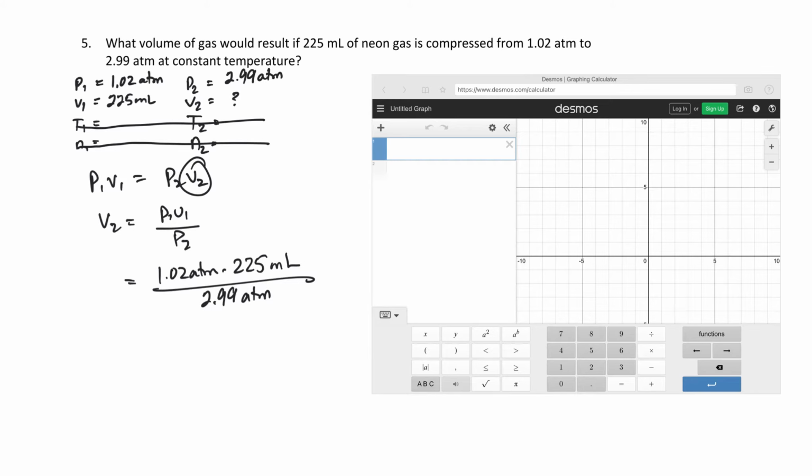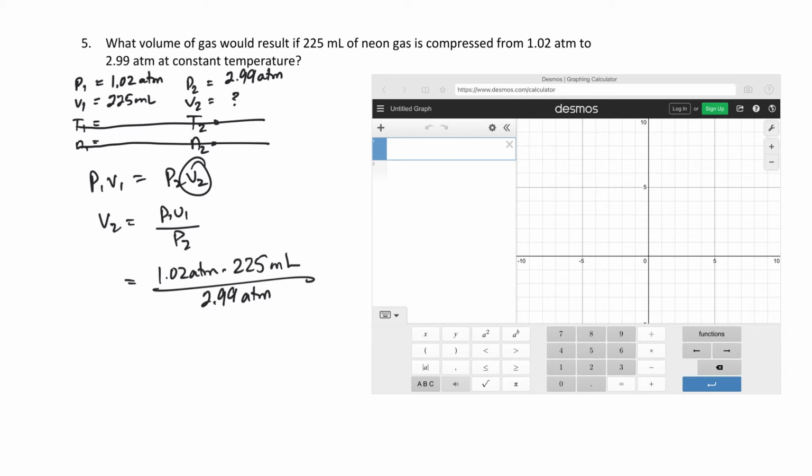So if you sort of triple the pressure, because it's Boyle's law, it's inverse. So if you triple one, you have to cut the other one in 3. So if you cut 225 into 3, it's like 70 something. So that's what I'm assuming my answer will be.